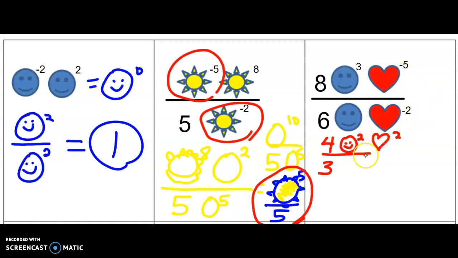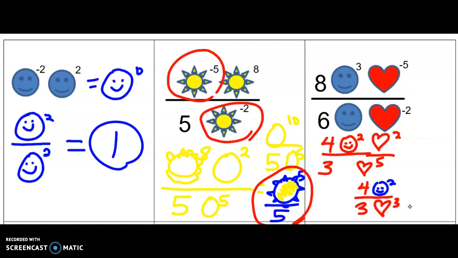So the negative 2 comes up and the 5 comes down. And then I'm just going to clean this up a little bit. So I'm going to have 4/3 as the coefficient. Nothing changes there. The smiley face to the 2nd power is going to stay. And then there are actually more hearts on the bottom. And how many more? 3.